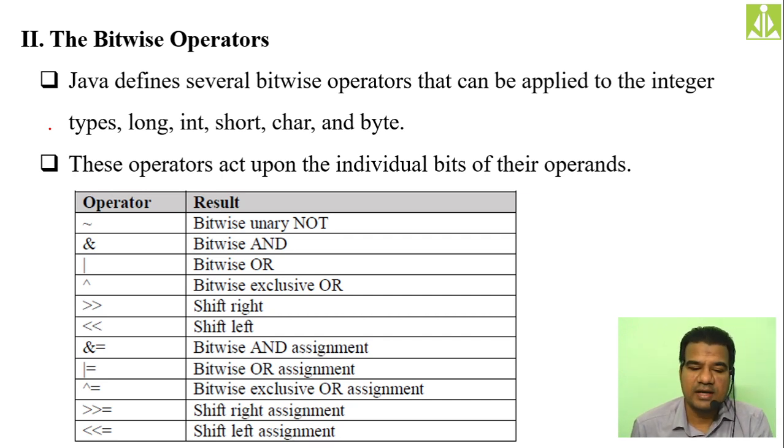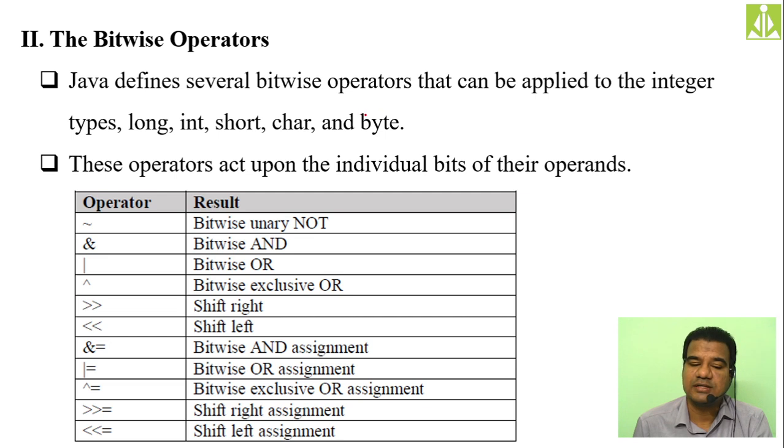So Java defines several bitwise operators that can be applied to integer types: long, short, int, char, and byte. They will be applied on all these types, but whatever value you store inside these types of variables, they will convert to binary and apply on those binary values.